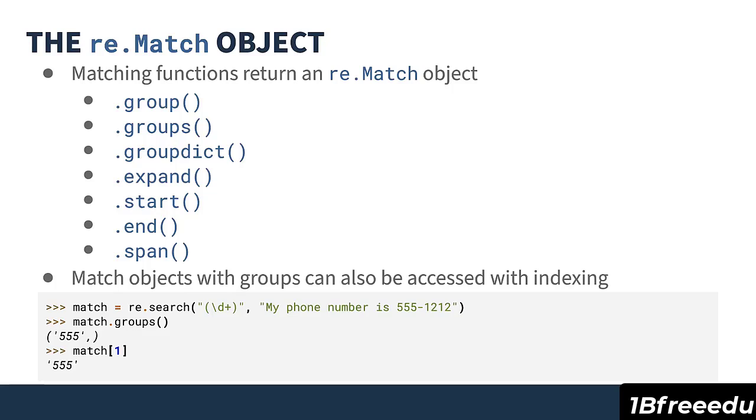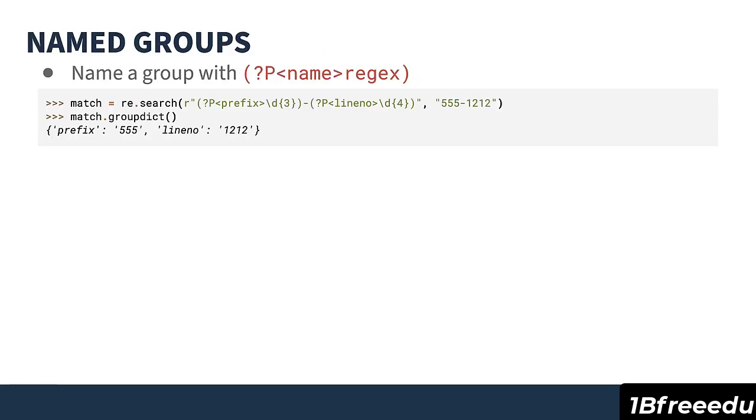You can also use the index of a match to access the group of that number. In the example below, the first group is found using match square bracket 1. Remember that group 0, and therefore index 0, is the entire match, whereas 1 and higher are the numbered back references. If you don't like using a number for the group, the (?P<name>) operator allows you to name it.